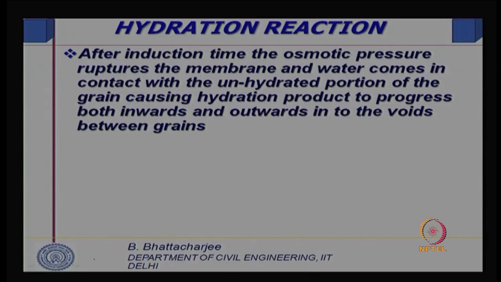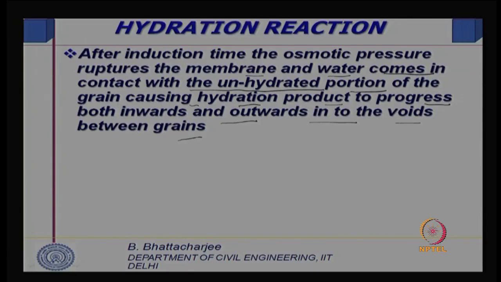and after the induction time, the osmotic pressure ruptures the membrane, that is what I am saying, and water comes in contact with the unhydrated portion of the grain, causing hydration product to progress both inwards and outwards into the voids between the grains.